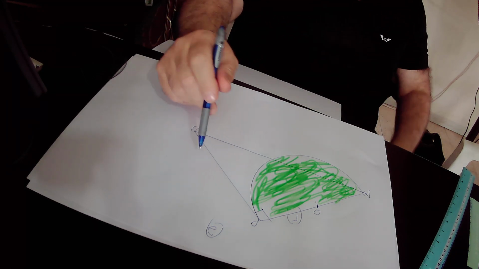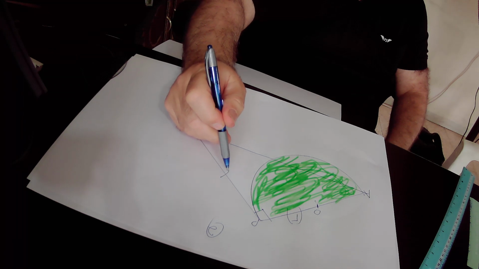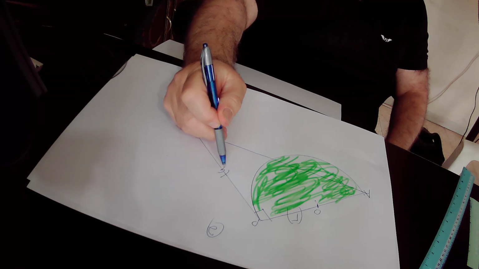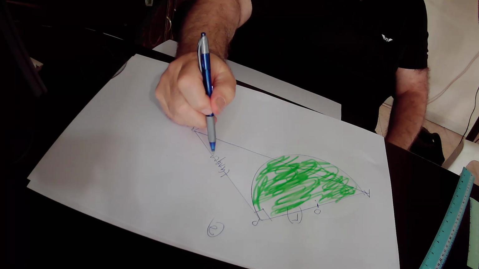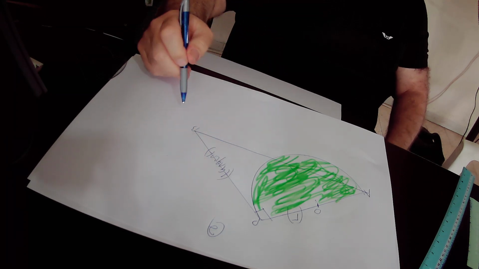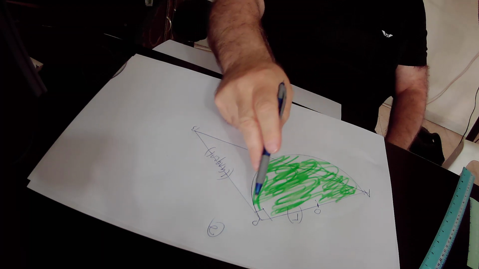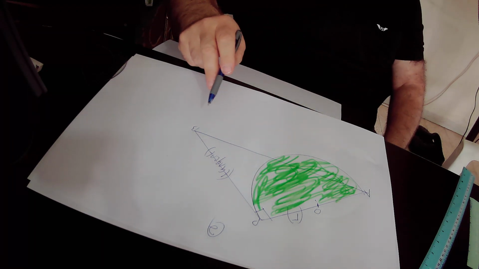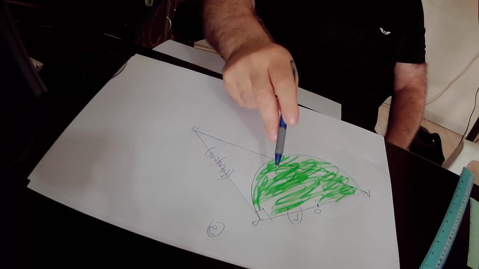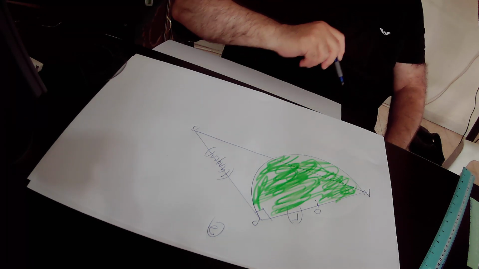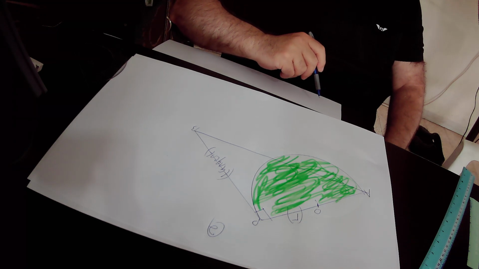Okay, so this is line segment BP, and it must be defined as a tangent to this green semicircle. Why? Because it is perpendicular to the radius PO at point P. Therefore, line segment PB must be defined as a tangent to this green semicircle at point P, according to rule 1.